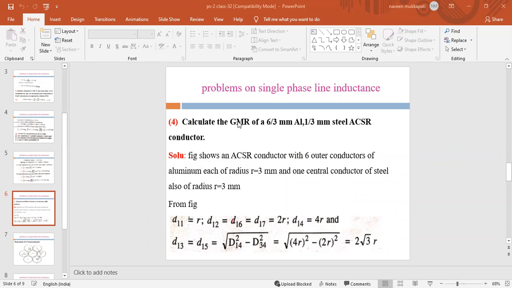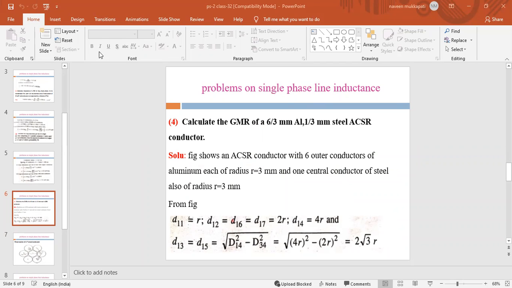Geometrical mean radius of a 6 by 3 mm aluminium and 1 by 3 mm steel ACSR, aluminium conductor steel reinforced, as a conductor.